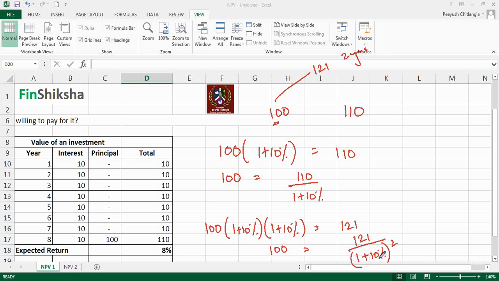So you raise it to the power 2. In a sense, what we are saying is we are going to discount each of these cash flows by a 1 plus R number, R being the expected rate of return. So 1 plus 8% in our case, and the power for each of them to calculate the present value is going to be the year in which the cash flow is going to come.